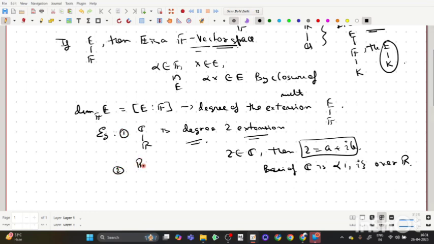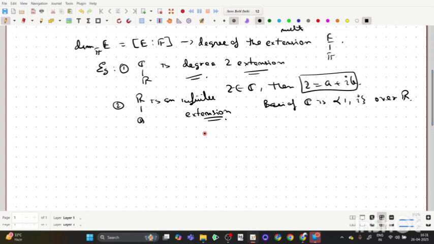Number two is that R over Q is an infinite extension. A simple reason is the following: Q is countable, while R is uncountable.